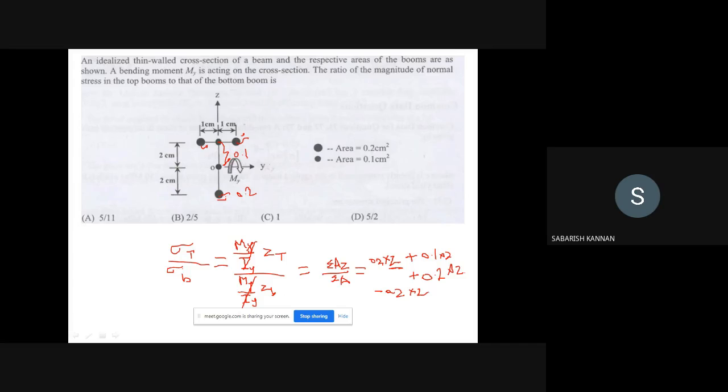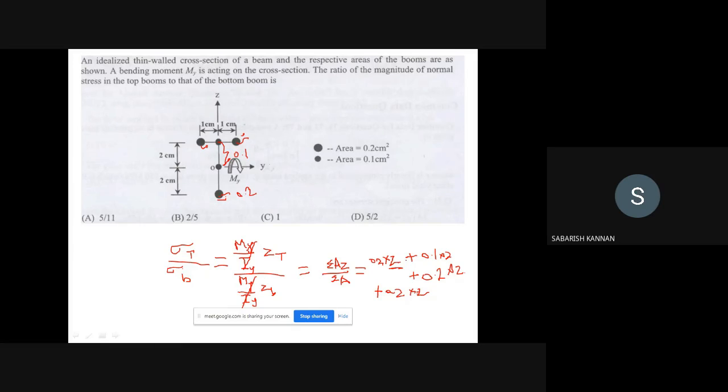Once again, this is plus and this is minus 2, because the minus 2 is on the downward side. That's why the minus 2 will come.